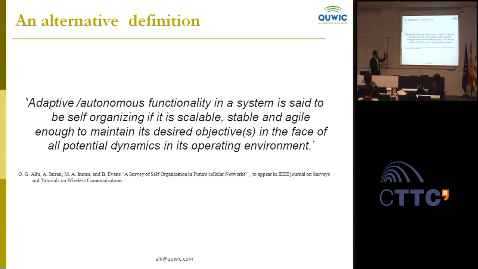So if you want to break down this definition, scalability, stability, and agility come from the observations, and they are not necessary criteria, but they are desirable. But the necessary thing is that it should be able to maintain its objective. The system should be able to maintain its objective despite the fact that its operational environment keeps changing.